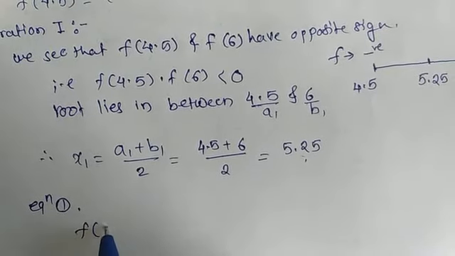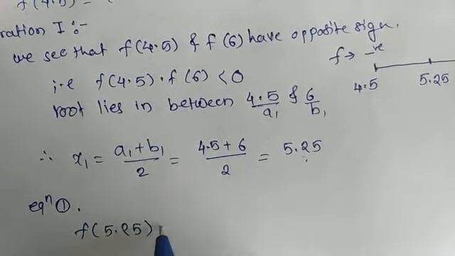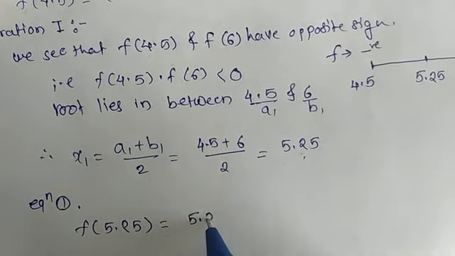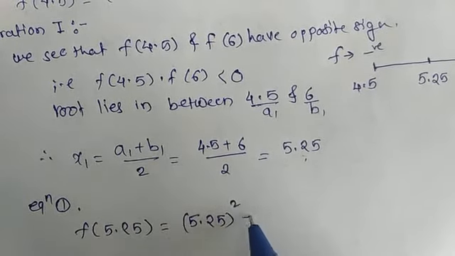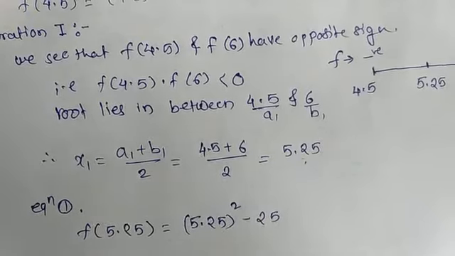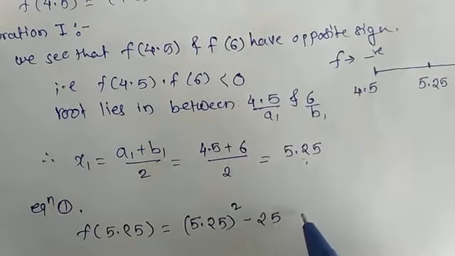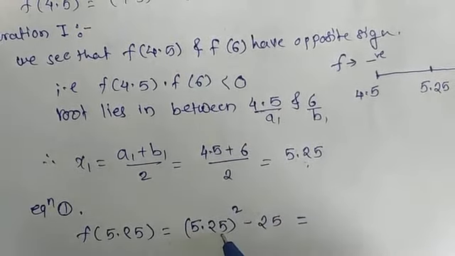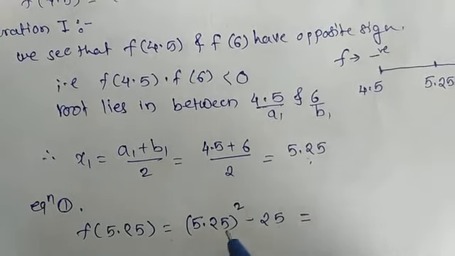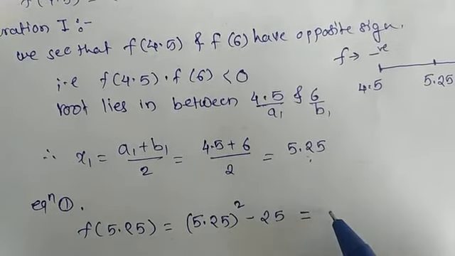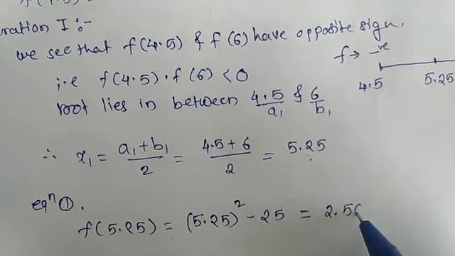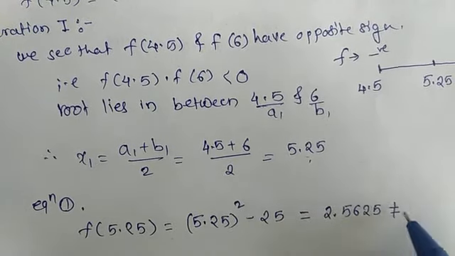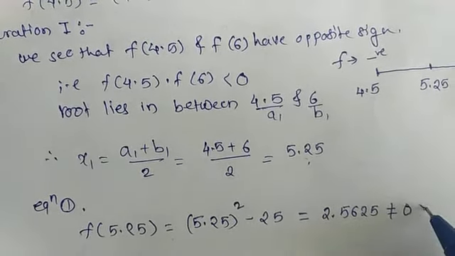f of 5.25 is equal to 5.25 squared minus 25. After solving, we have to check 5.25 squared and subtract it from 25, and it will be 2.5625, which is not equal to 0 and is greater than 0.